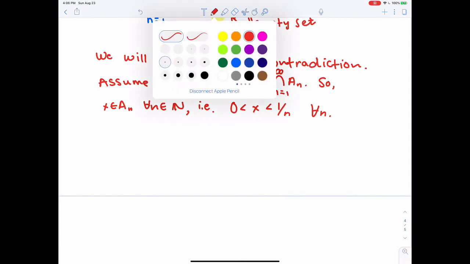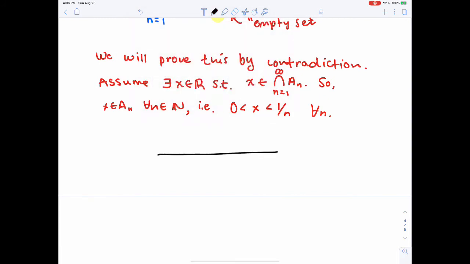Let's take a look at a picture. Now, if x is in the intersection, it has to be in A1. And if it's in A1, it's going to have to sit between 0 and 1. So I've selected my x that I claim is in all of the sets, and here it is somewhere between 0 and 1.